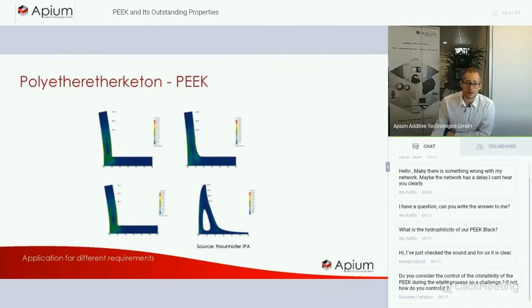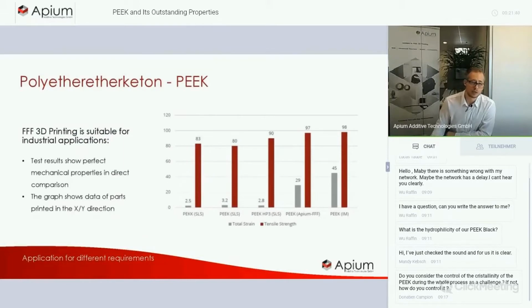When we compare the mechanical properties of PEEK for the different manufacturing methods, we see that with FFF printing we can achieve the same properties as injection molded when we place the part in the XY plane.